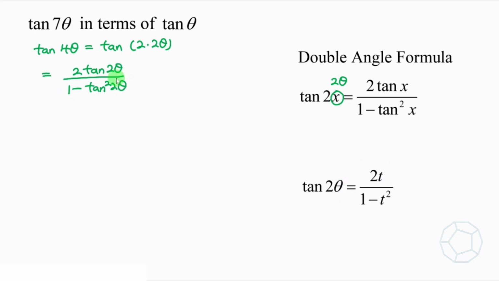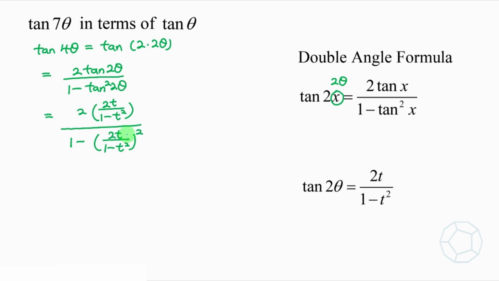Putting the expression of tangent 2 theta into it, then it is equal to 2 times 2t over 1 minus t squared in the numerator, and in the denominator it is 1 minus bracket 2t over 1 minus t squared whole square.